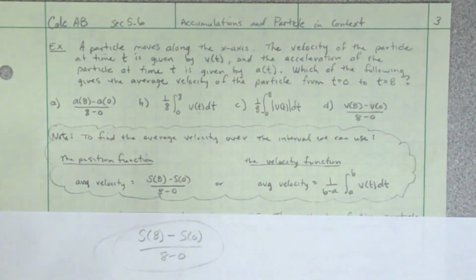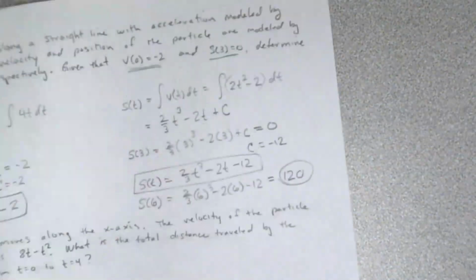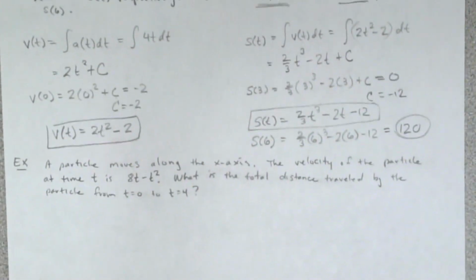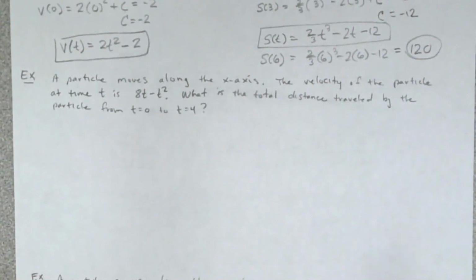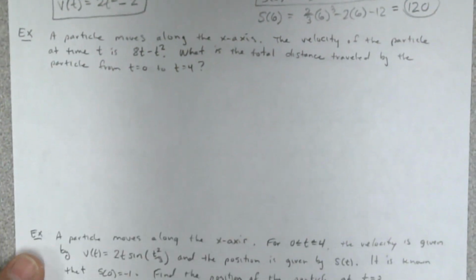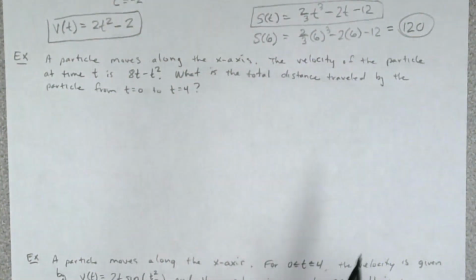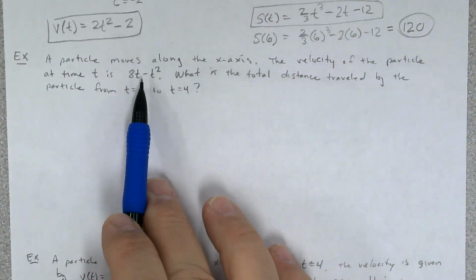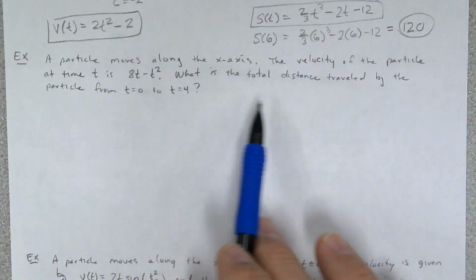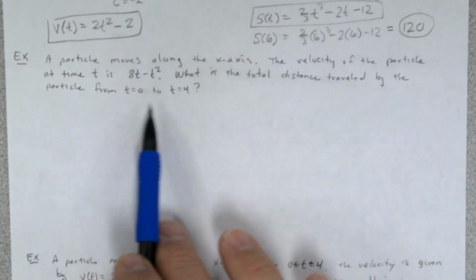Okay? So let's look at another example to help us answer some of these things, and then I'm going to show you some extra notes that are involved in this one. So a particle moves along the x-axis. The velocity of the particle at time t is given by this expression right here. What is the total distance traveled by the particle from 0 to 4?